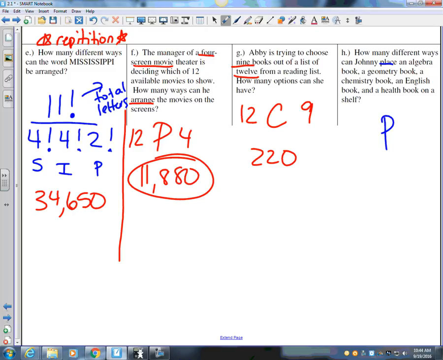Okay. Caitlin, how many books do I have total? Caitlin's not here. Charlie, how many books do I have total? 5. And guys, how many am I putting on a shelf? Sometimes that happens. That's okay. 5P5. What you got? Yep.